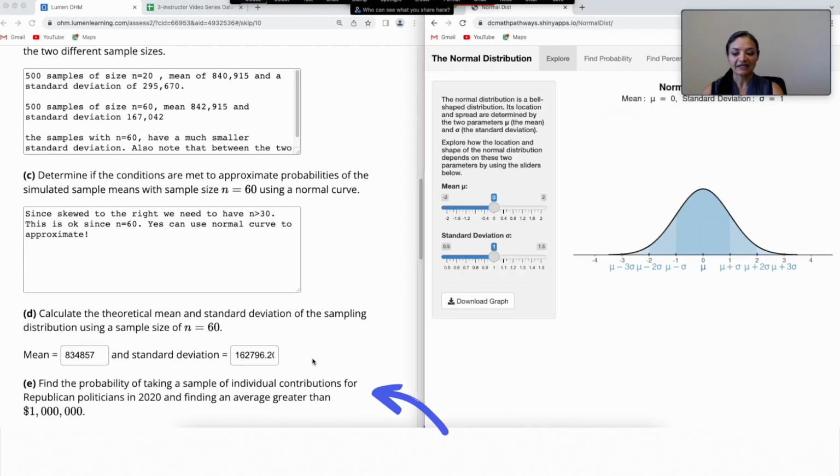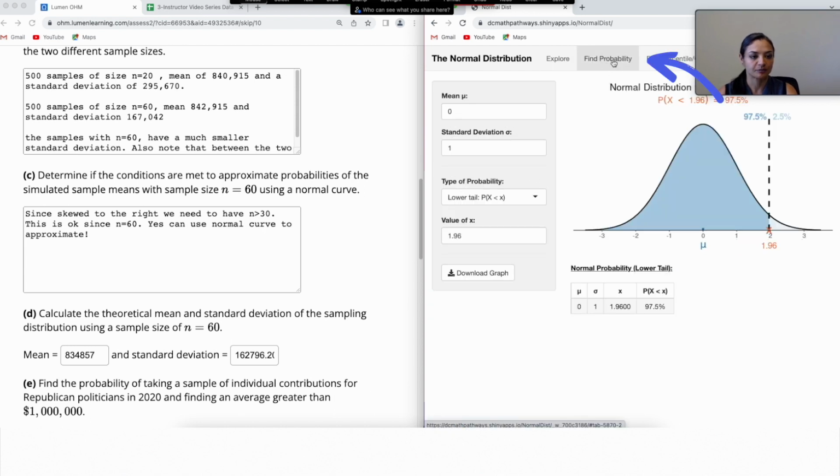For part E, we want to find the probability of taking a sample of individual contributions for Republican politicians in 2020, and we want to find an average greater than $1 million. Well, now we know that we can use our standard normal distribution. So let's go ahead, find probability. This is under the Shiny app with normal distribution.